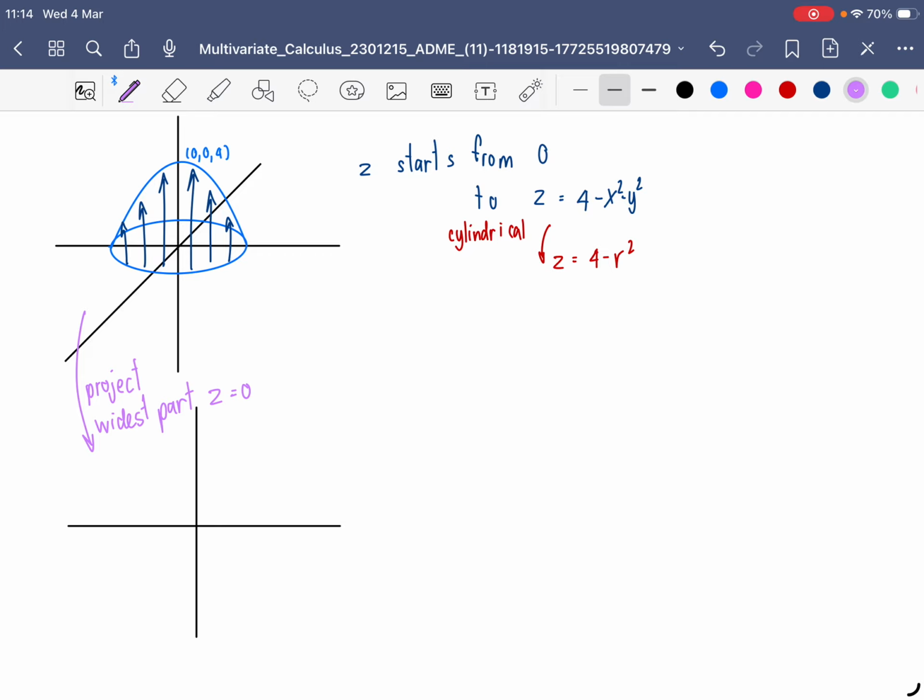This is a circle of radius 2. Now in 2D, it's going to be a circle of radius 2, taking the whole region.